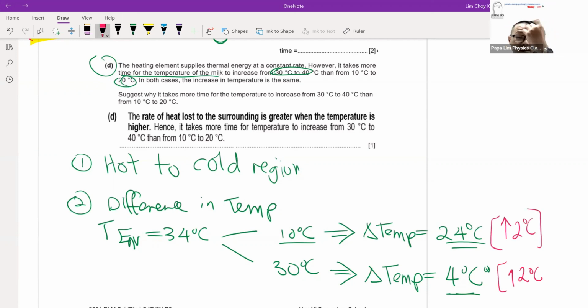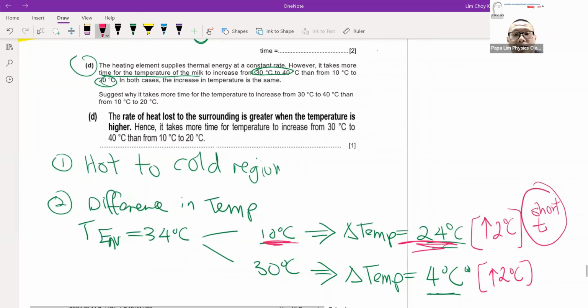You'll find that in the first case, at 10 degrees Celsius, it's easier for me to increase by 2 degrees because the temperature difference between the object and the environment is much, much bigger. So there's more room for increment, and because of this bigger room, the time taken to increase is shorter. It allows a faster change in temperature.